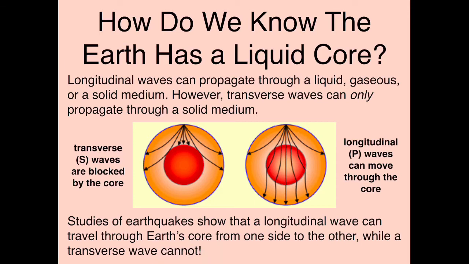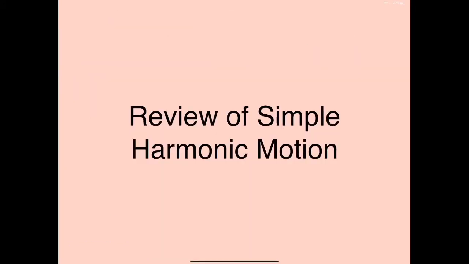So that's exactly what we see when we study earthquakes, is that longitudinal waves can travel through the core of the Earth from one side to the other, but the transverse waves can't do that. They get blocked by the core somehow. The explanation for that is that the core is liquid, something that can only carry the longitudinal waves, but it can't carry the transverse waves, so those get blocked. The reason they get blocked is Earth has a liquid core.